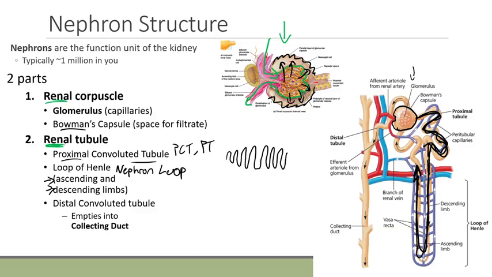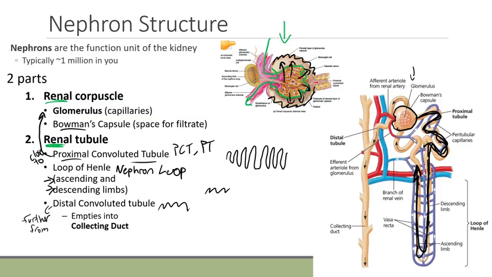If there's a proximal convoluted tubule, for the sake of it, proximal just means something is close. It is closer to something. It is closer to the renal corpuscle. And then distal, in our distal convoluted tubule, means further away or further from. So it is the further of our squiggly lines.